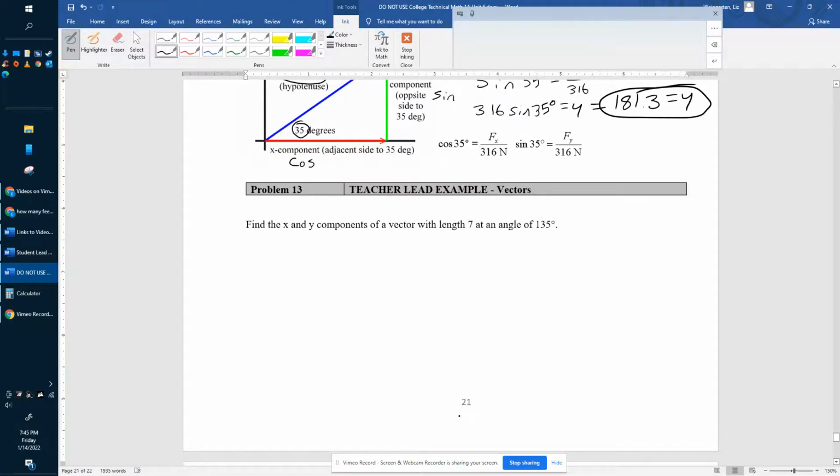Let's find the x and y components of a vector with length 7 at angle 135 degrees. So, drawing this out, 135 degrees is going to be about right here. Length 7. We have to figure out what our x and y are.